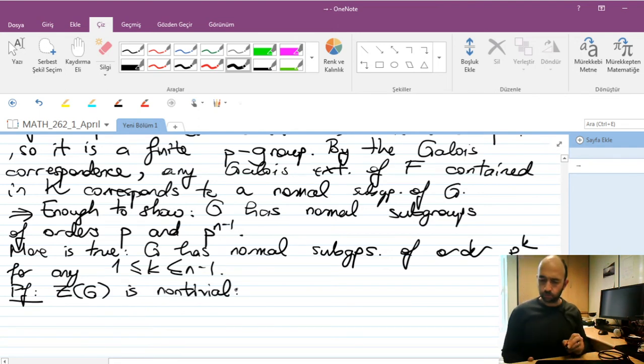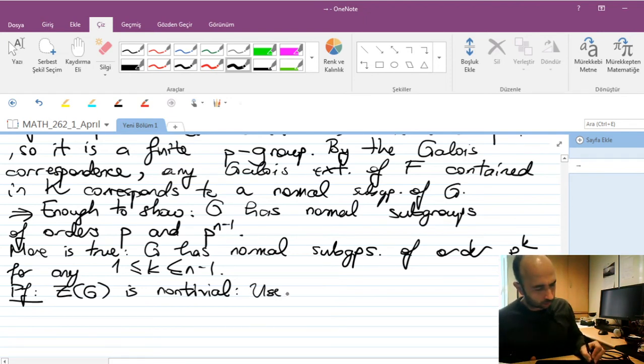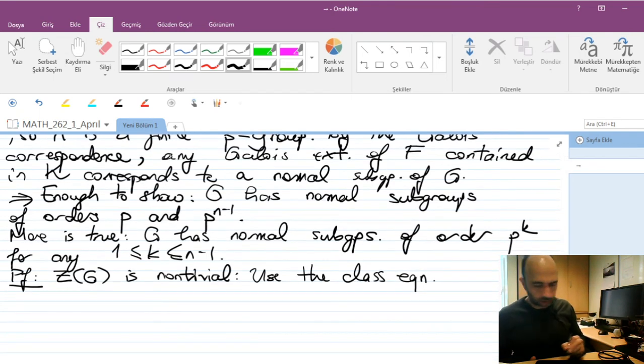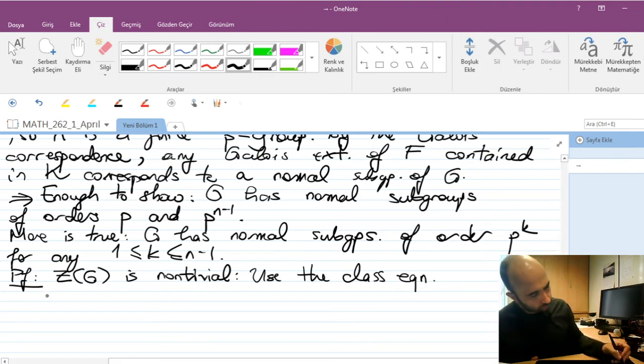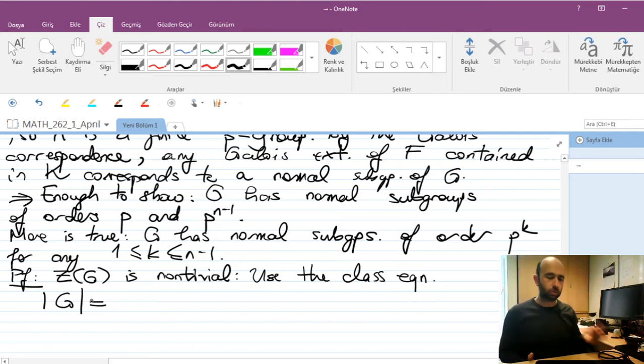Why is this so? Well, you could write the class equation, which is just grouping the elements of G according to the equivalence relation of being conjugates. If something is in the center, it's only conjugate to itself, and that's an if and only if.